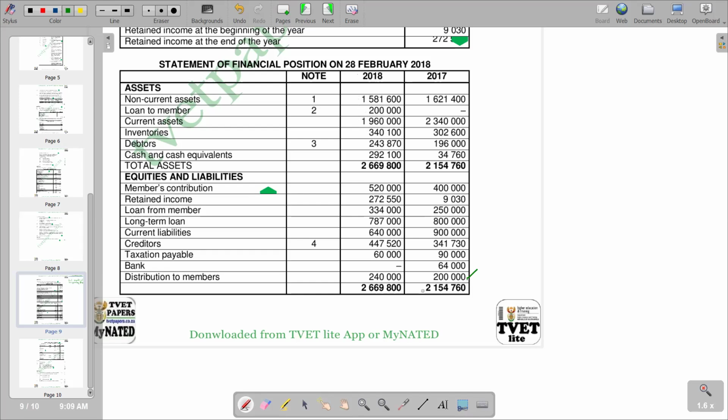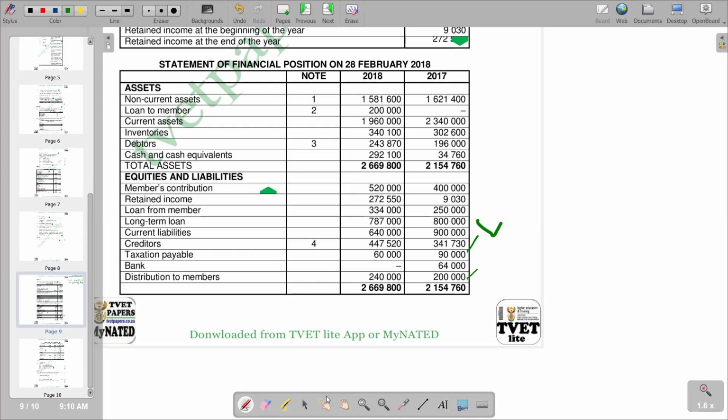For taxation, taxation payable is here, and we've got 90,000. These are going to be the opening balances, and we are going to show them as negative figures.